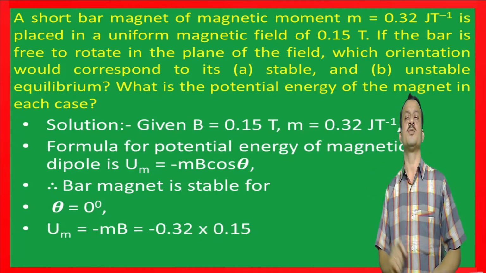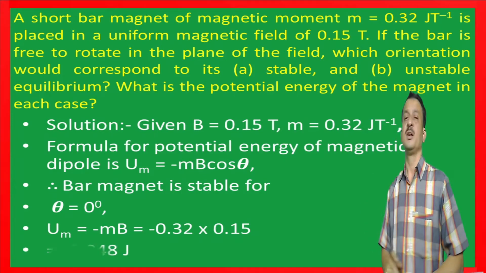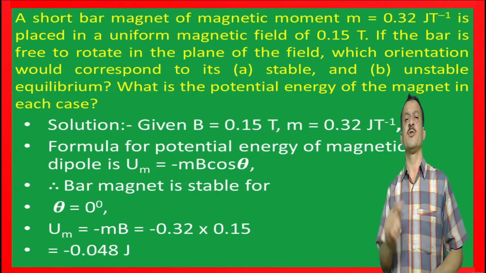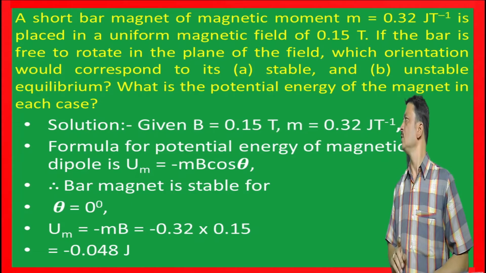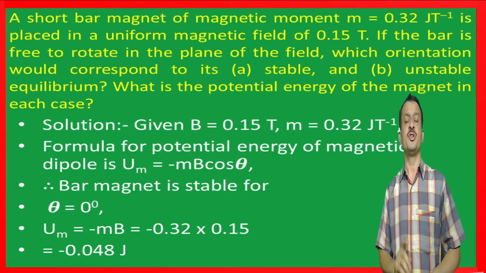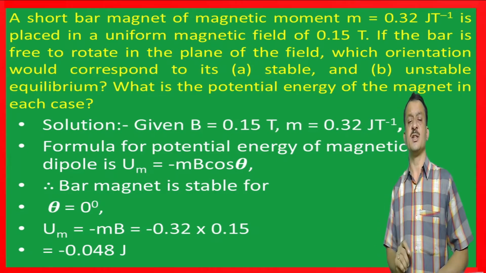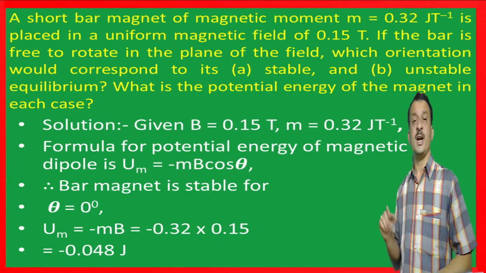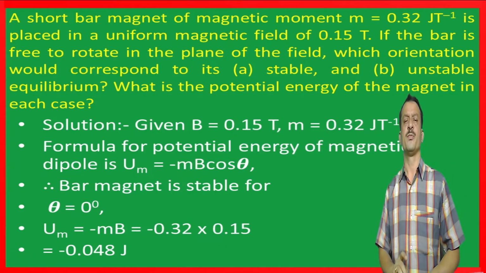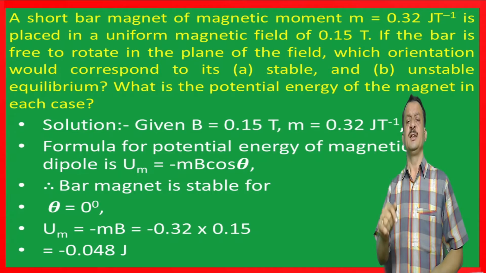Now substituting the values, minus 0.32 into B is 0.15. Now theta is 0, therefore cos 0 is 1. So we will get the potential energy as minus 0.048 joules.